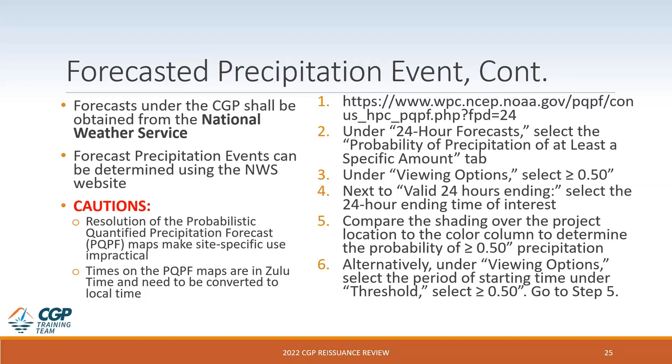It's also important to note that the PQF maps display time in Zulu time and need to be converted to local time for clear understanding. But the process, just like with the qualifying precipitation event, is basically a 6-step process. It's very easy to implement, and rather than read these steps to you, I'm going to go through an example.